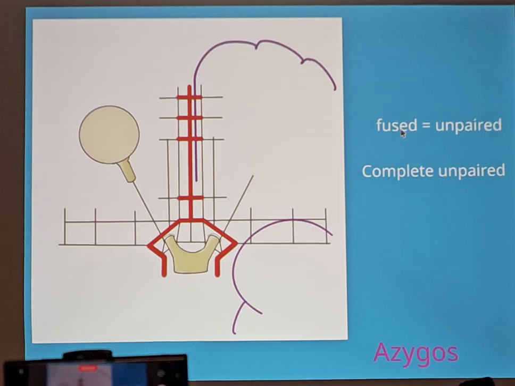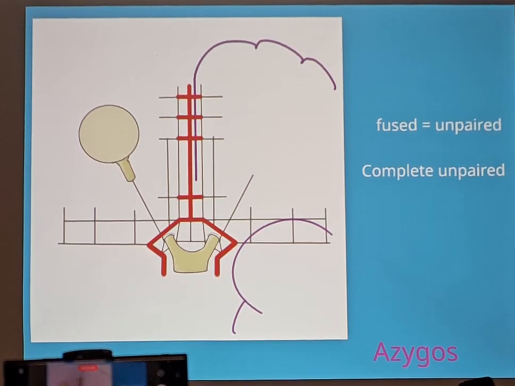So this is the terminology that's used. We either call it a completely fused or unpaired artery, or complete unpaired artery. This would be the azygos artery. Although it's described, it's uncommon in animals and in humans.